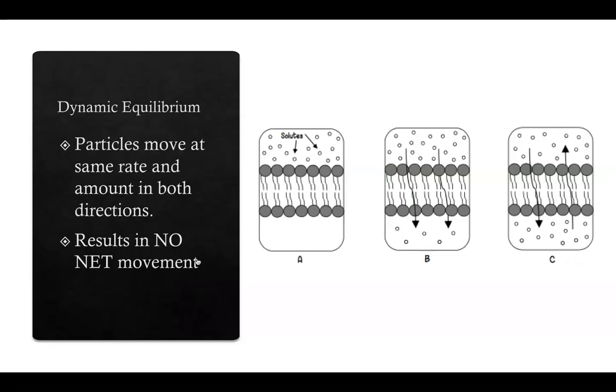So when we look at these three diagrams here, two of them show a concentration gradient where there's a significant difference, and one shows dynamic equilibrium. So, which one of the three do you think shows dynamic equilibrium, where you have the same rate and amount of particles moving in both directions across the membrane?